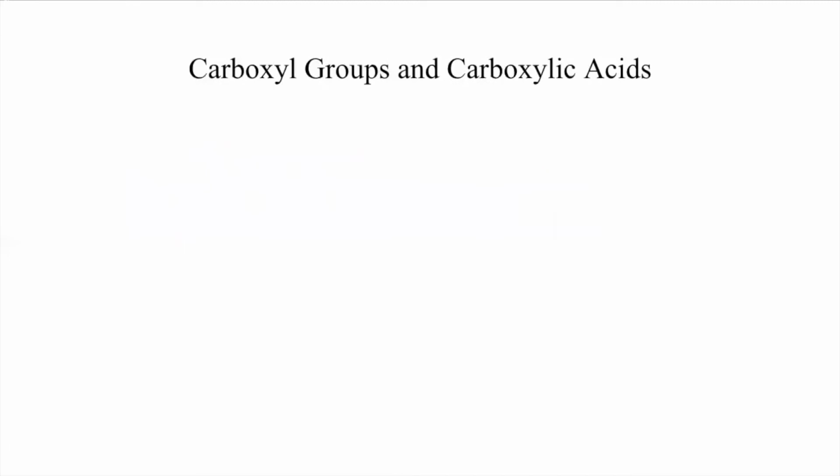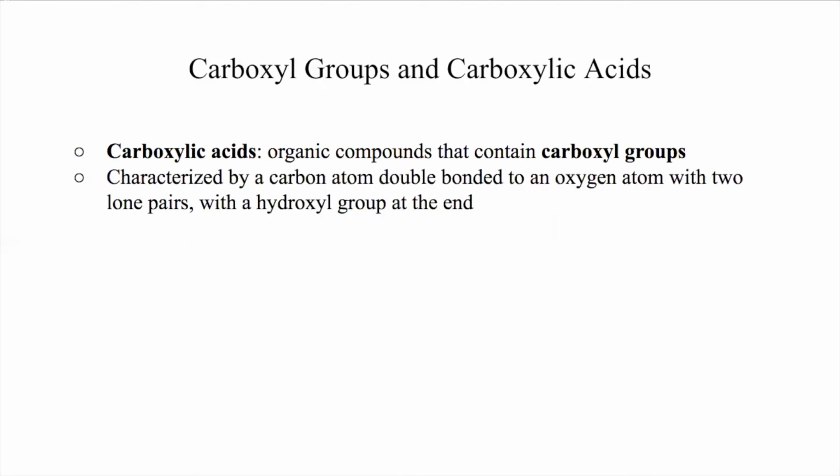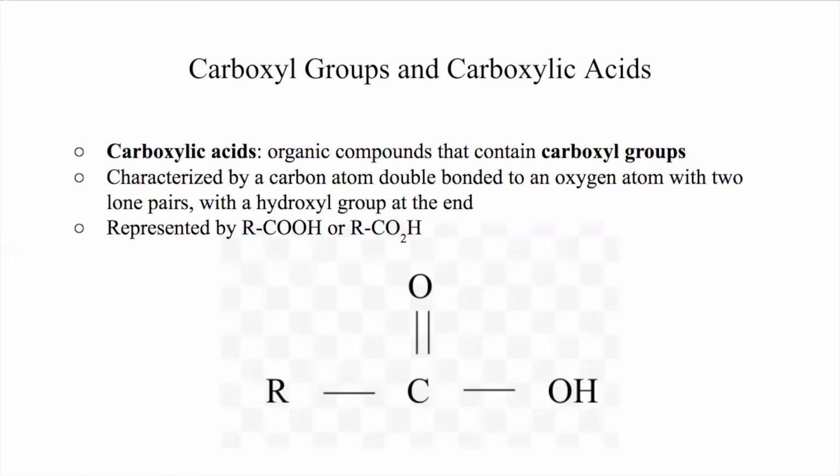Next, carboxylic acids are compounds that contain carboxyl groups. Carboxyl groups are characterized by a carbon atom double bonded to an oxygen atom with 2 lone pairs, with a hydroxyl group on the end, as shown here. This can be represented as both RCOOH or RCO2H.